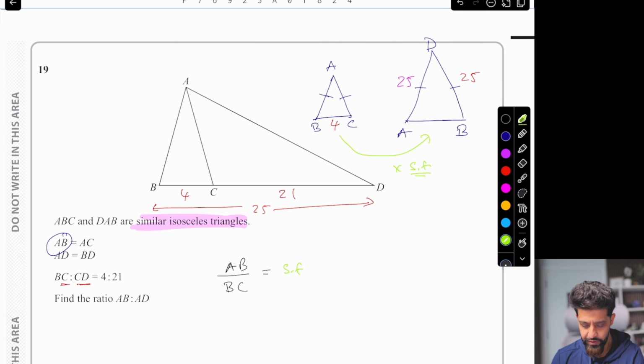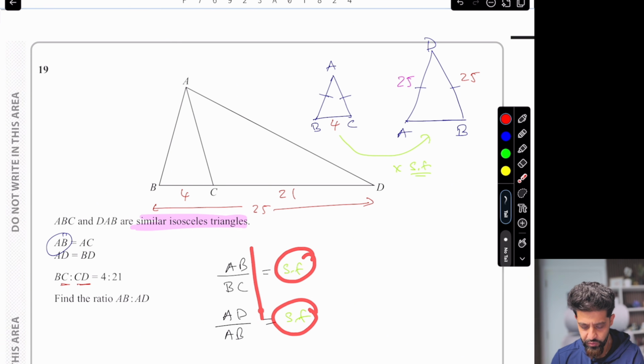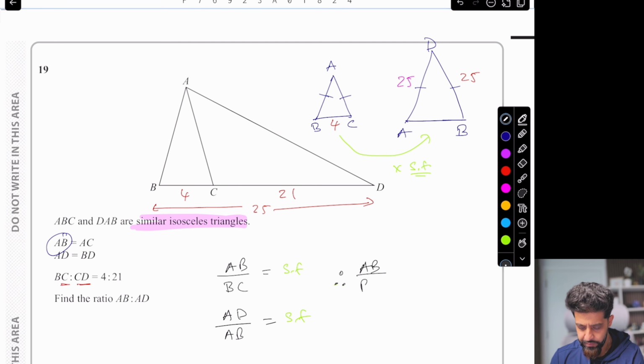But therefore, another version we can write is AD divided by AB is also equal to the scale factor, and those scale factors are going to be the same thing, so we can equate them together, can't we? So we can say AB divided by BC is equal to AD divided by AB.